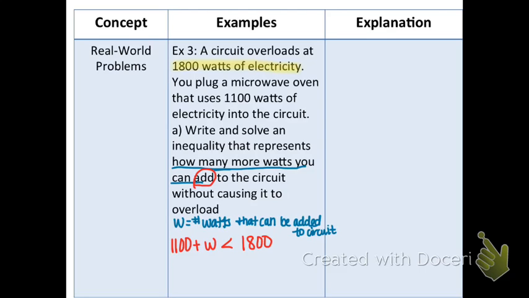So I want to add W to 1100 to figure out how many more watts I could add.